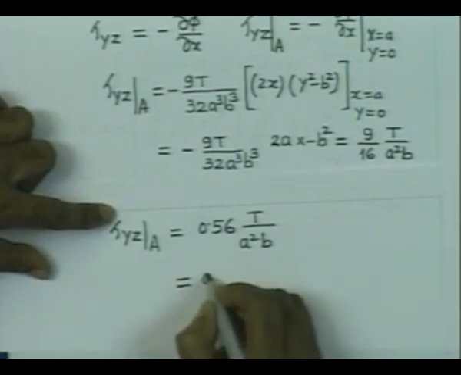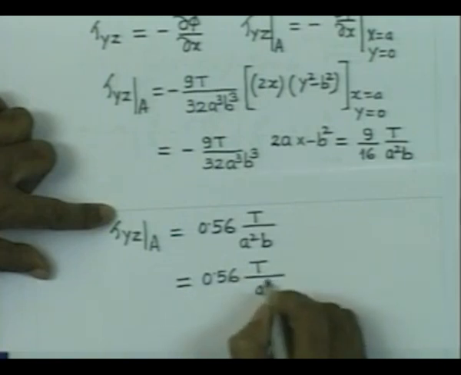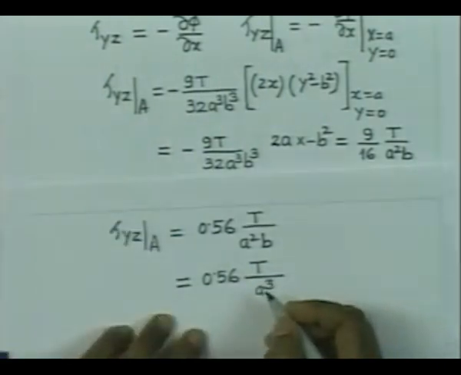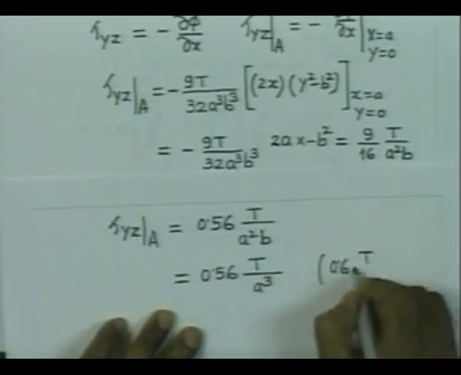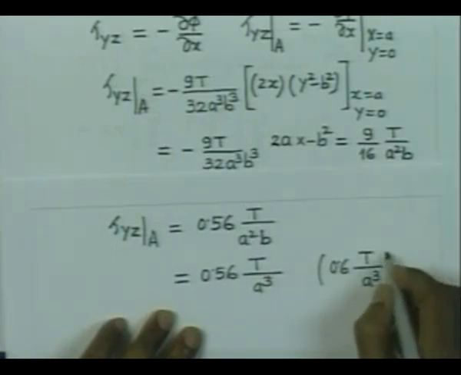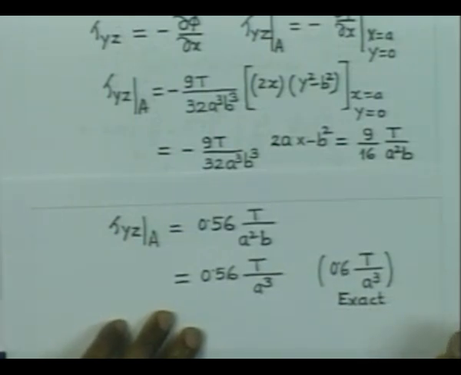So, the stress at the point for a square section is 0.56 t by a cube, and it is known from exact analysis of this problem that the answer is 0.6 t by a cube. So, this is the exact solution. So, you can see that we have got the results quite accurately by this simple analysis.